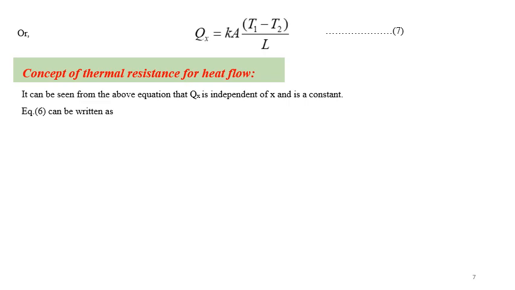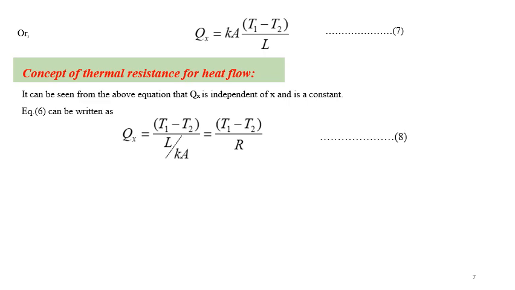So equation 7 can be written as Q of x is equal to (T1 minus T2) divided by (L by K A), which is equal to (T1 minus T2) divided by R. L by K A is called R. Call this equation number 8. This equation you are also going to get in the data handbook page number 45.